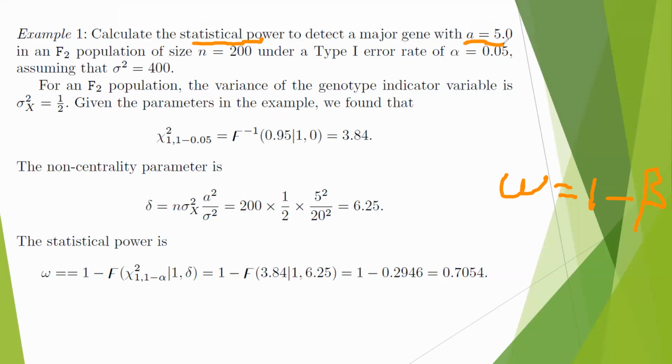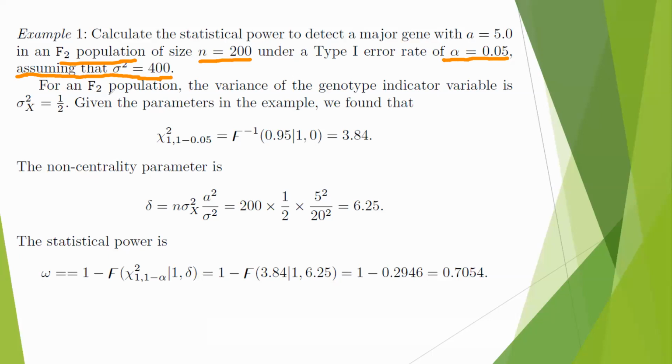Here A equals 5, which means the additive effect equals 5. And this is an F2 population. We already have the information about the sample size, so N equals 200. And here we specify alpha equals 0.05. And we suppose we already knew that the residual variance equals 400, right?